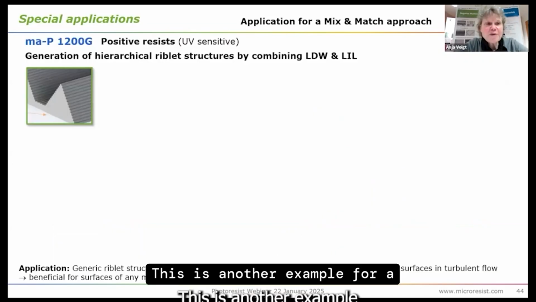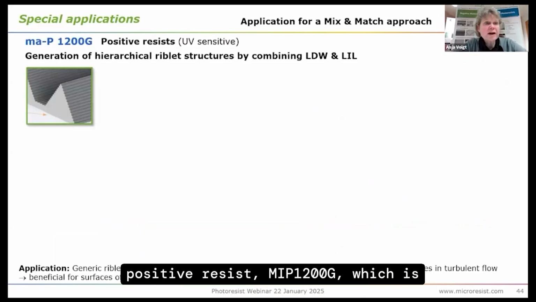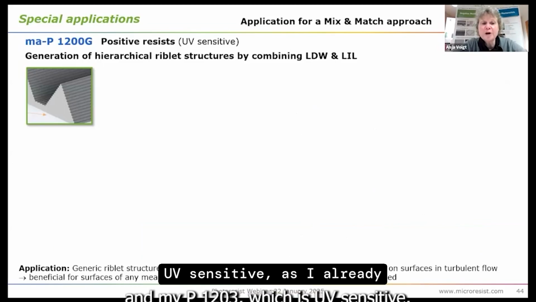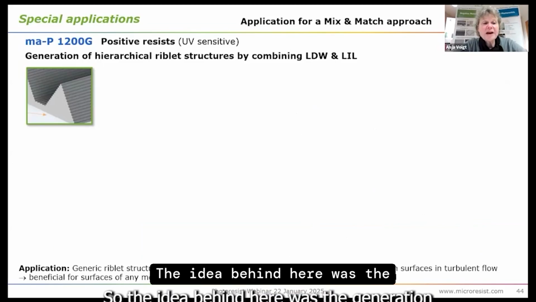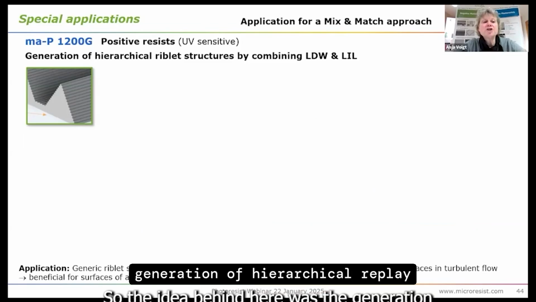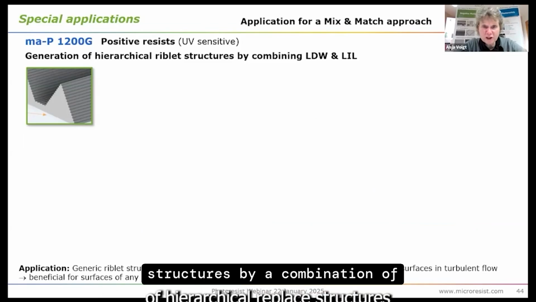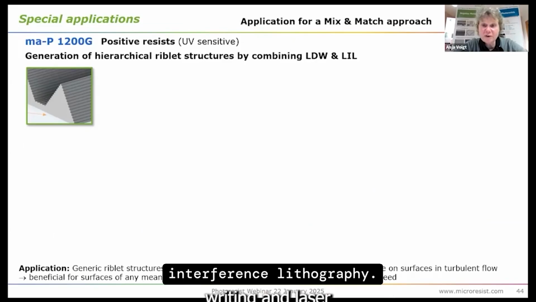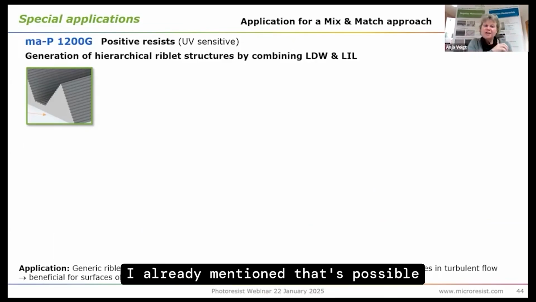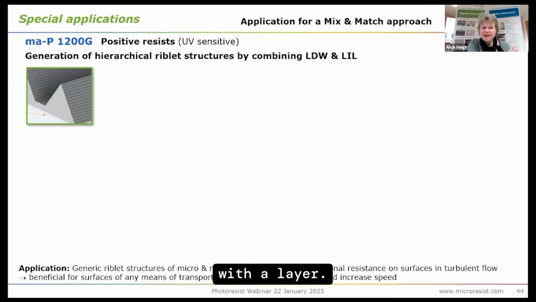This is another example for a positive resist, MRP 1200G, which is UV sensitive, as I already mentioned. The idea here was the generation of hierarchical replica structures by a combination of laser direct writing and laser interference lithography. I already mentioned that's possible with a layer.